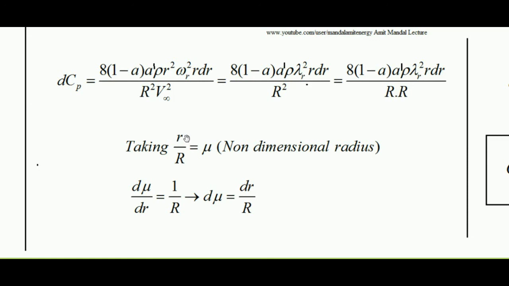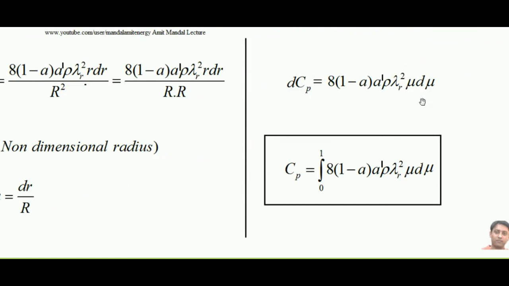Small r is the distance from the hub at any arbitrary point, and capital R is the complete radius of the rotor. Okay, so in case I am taking this as mu, then d mu by dr will give what? 1 by R. So d mu equals dr by R. So 1 dr by R I can write d mu, and r by R I can write mu. So ultimately I will get this.